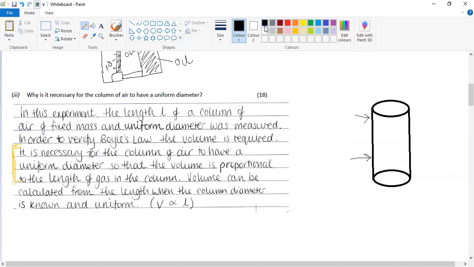And then we know that the volume could be calculated from the length when the column diameter is known and uniform. So if someone came along here and said, this is a 2 centimeter diameter, you could take out your length and it would just be back to your log tables and volume of a cylinder, and you could work out the volume that way. We don't have to do that for this question, but just in theory, to know the volume, you need to have a set diameter, because otherwise your length measurement wouldn't really mean anything.